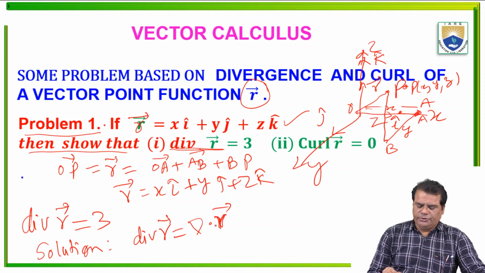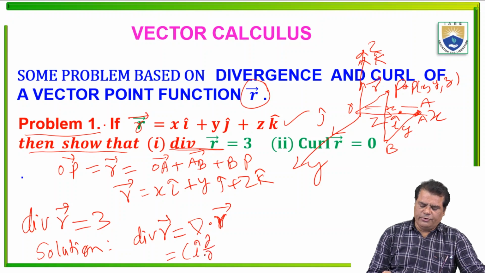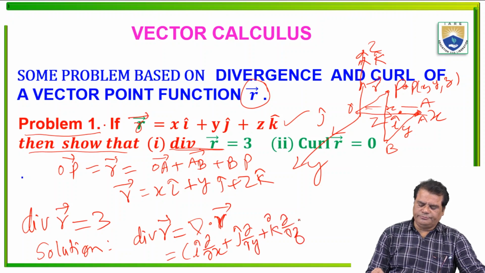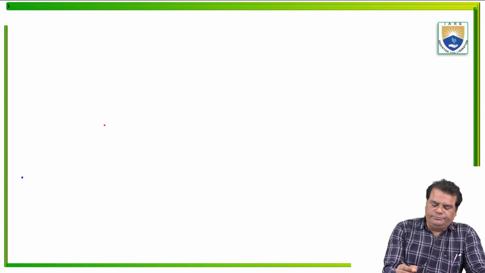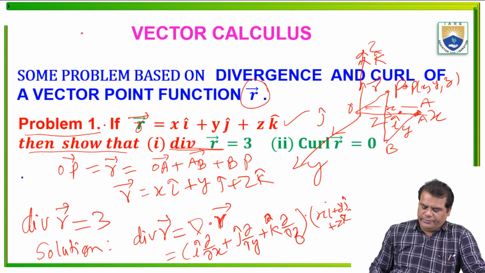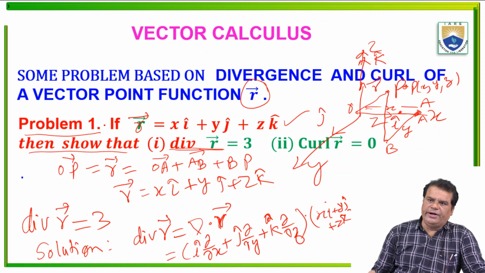Del dot R means del, which is i dou over dou x plus j dou over dou y plus k dou over dou z, dotted with R. R is xi plus yj plus zk. So now i dot i is 1, j dot j is 1.